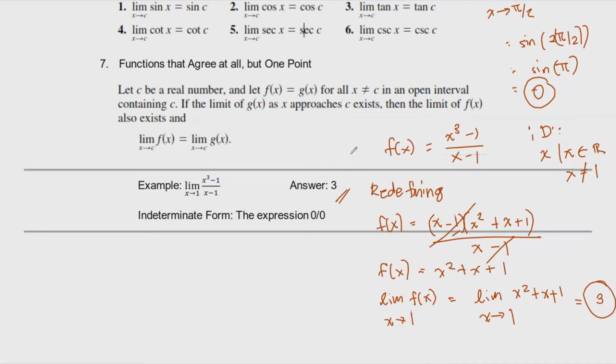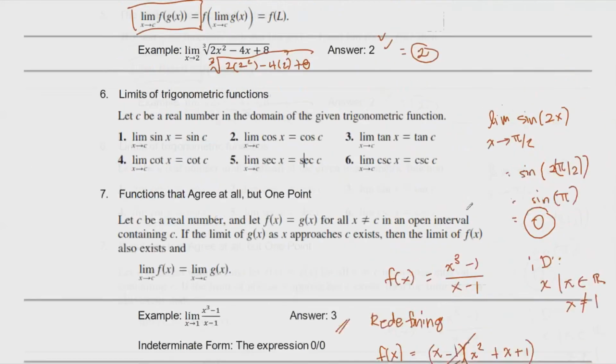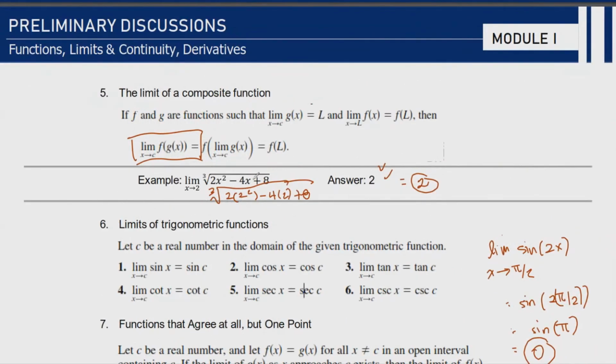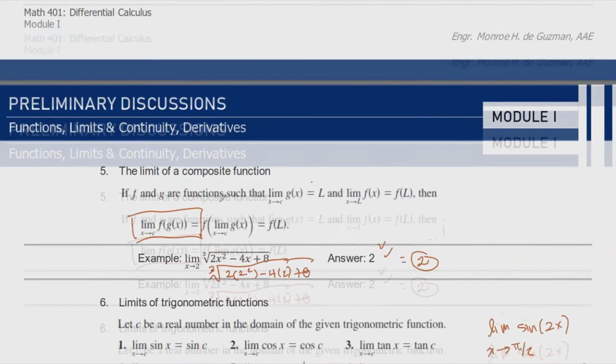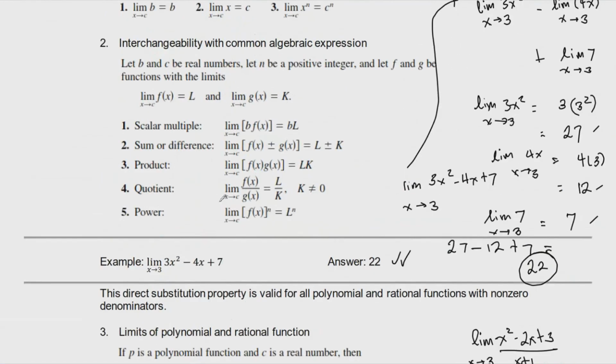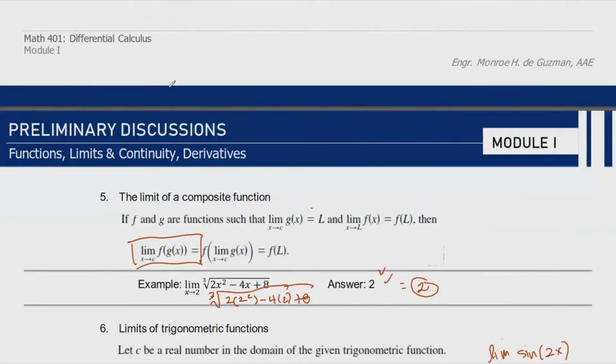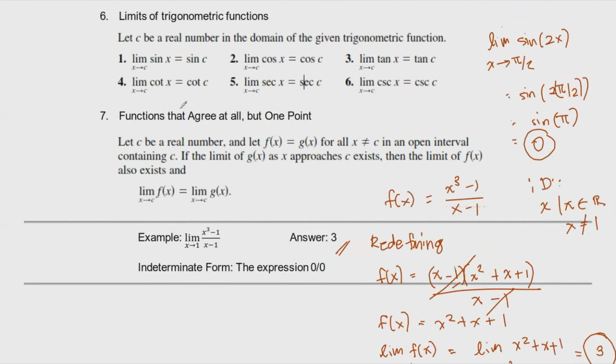So we did something different here from our previous ones, because as you can remember, all that we have done was simply substituting the values at which x approaches a certain value, from number 1 up to at least number 6.